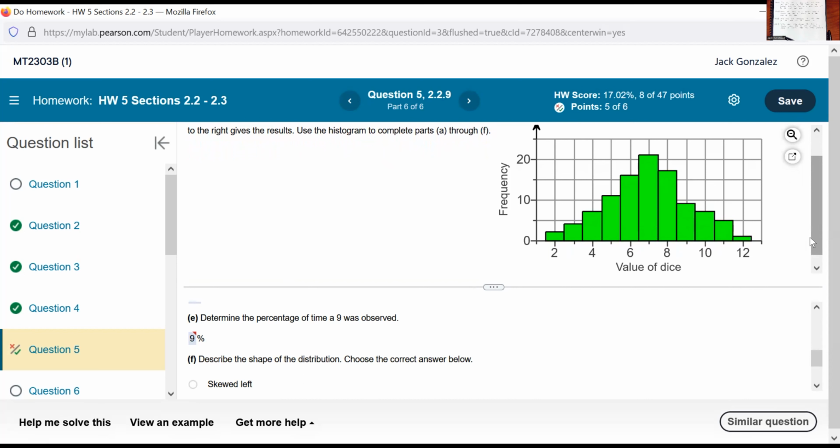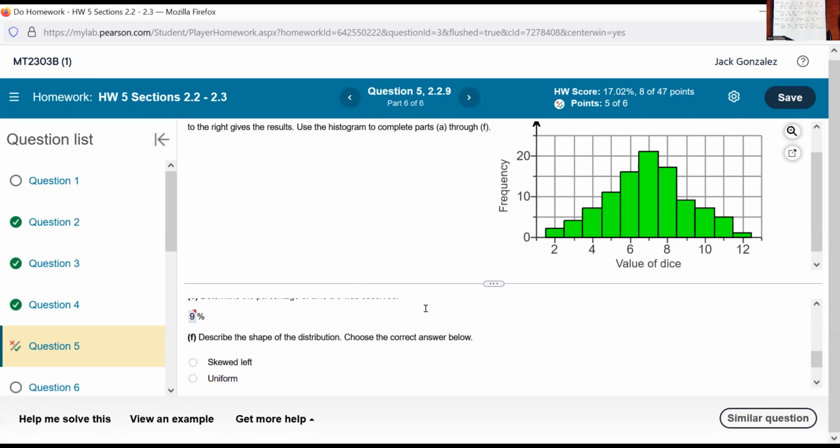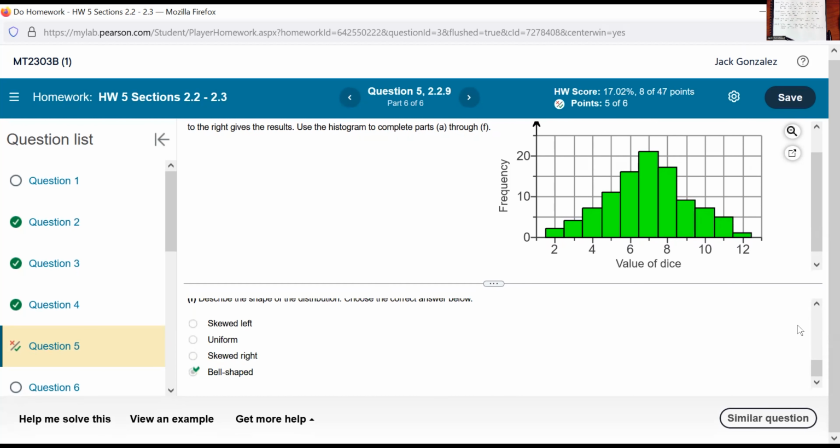So 9%, right? So just like we did last time, we didn't have a perfect 100, we just had a total. We said divide your frequency by the total, that's your relative frequency. It's the same deal. Divide your total for that category by the total. Just change it to percent. That's the only difference for relative. So relative is the same thing, just change it to percent. Okay. It's bell-shaped, etc.